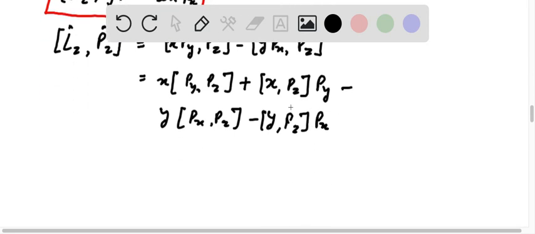Now as we know, this value is 0, this value is 0, this value is 0, and this value is 0. So that means this Lz commutes with pz.